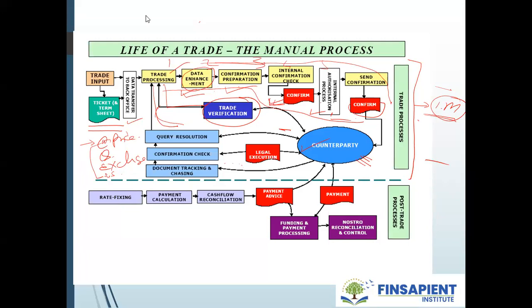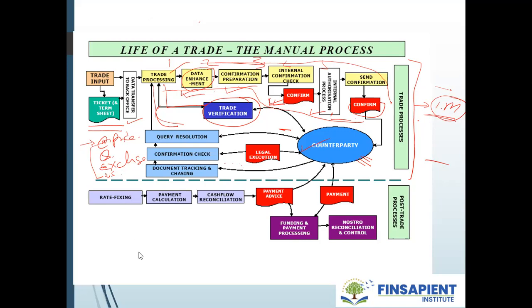So basically, it's just an agreement that is taking place. So the confirmation will not be sent to the client until the trade is on the books, which is when the trade is on the report of the custodian.